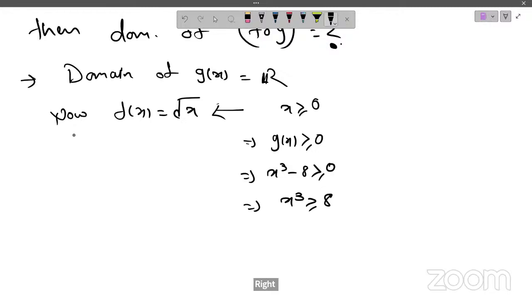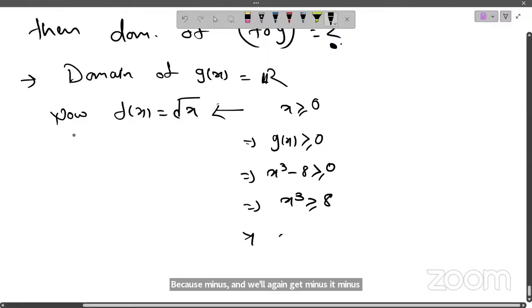Now, what are those x where x cube is greater than or equal to 8? X should be greater than or equal to 2. Yeah, correct, because a negative sign will again give minus 8, so it won't work. So x should be greater than or equal to 2, right?